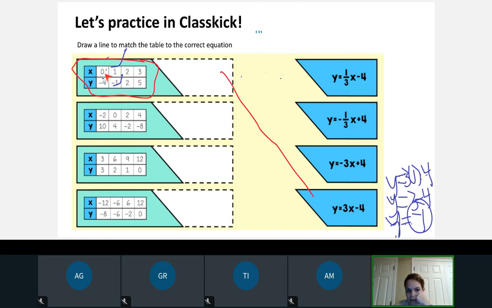I picked 0 and I plugged it in and I did get negative 4. So you have to check and make sure that every single x works. So when I plug in 1, I have to get negative 1 for that to be a match. When I plug in 2, I have to get 2 for it to be a match. When I plug in 3 for x, I have to get 5 as my y answer.